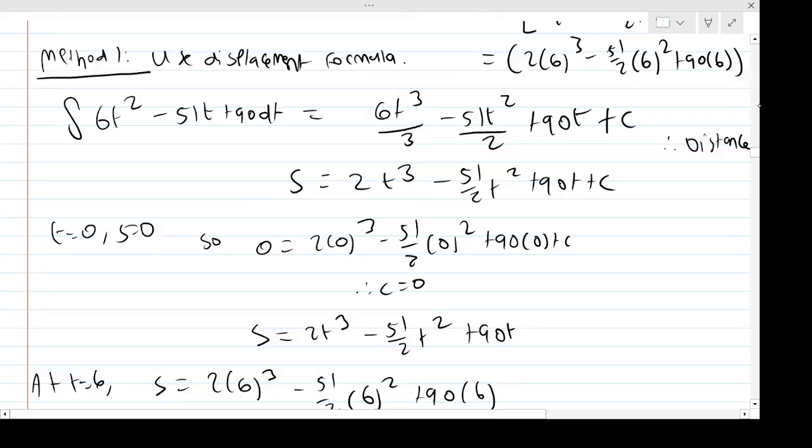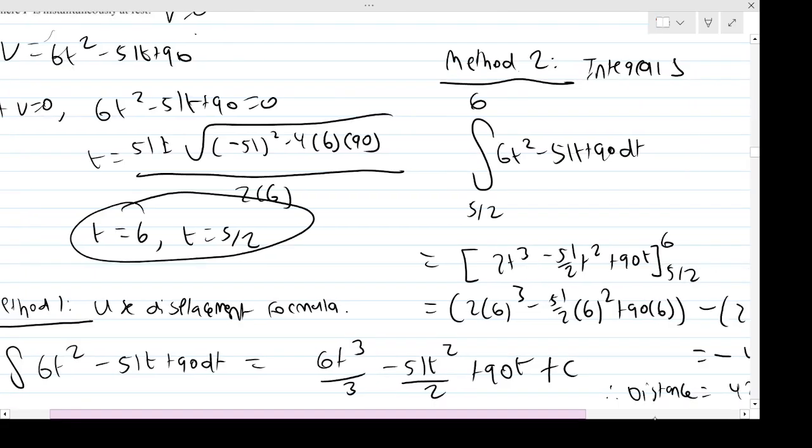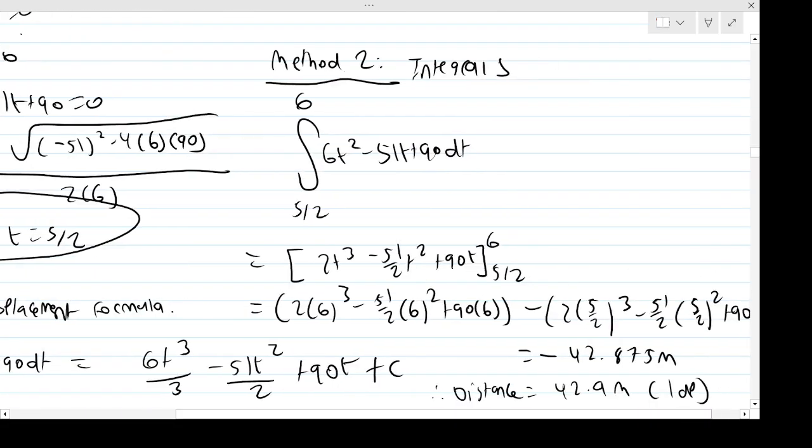But you don't need to worry about that with the definite integral method. But you can use either method you want. So either you could just find the displacement values by finding the displacement formula, then doing a little graph to work out the distance you want, or you could just integrate and just flip a negative to a positive at the end if necessary. But there we are.